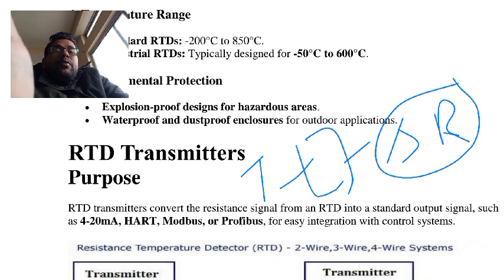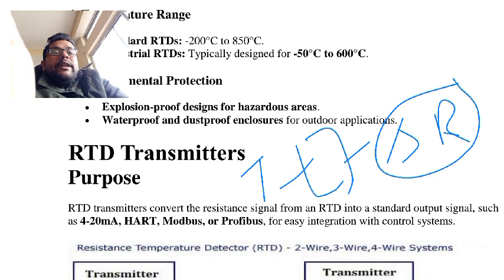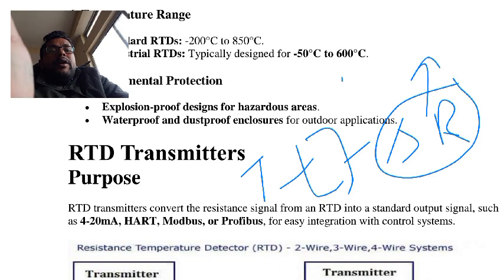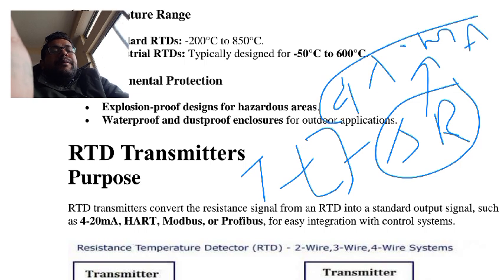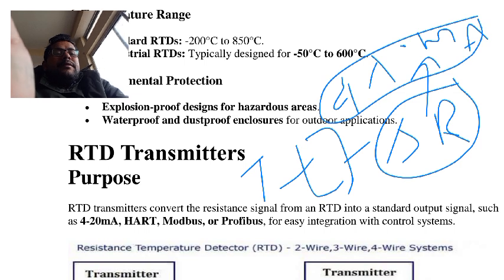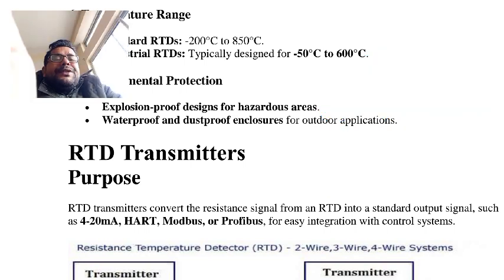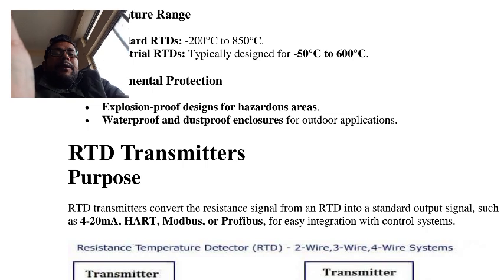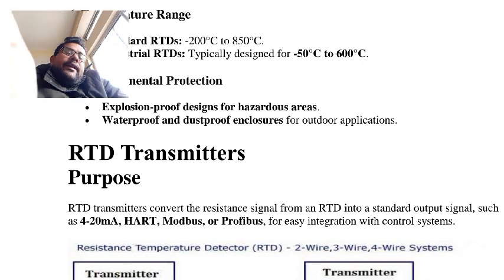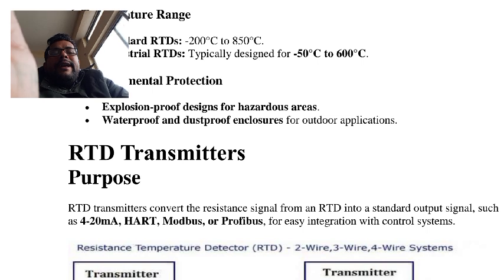So how can we transmit? Generally in industry a 4 to 20 milliamp signal is transmitted, because the losses are very low. Nowadays industries are also using HART, which stands for Highway Addressable Remote Transducer, for transmitting.